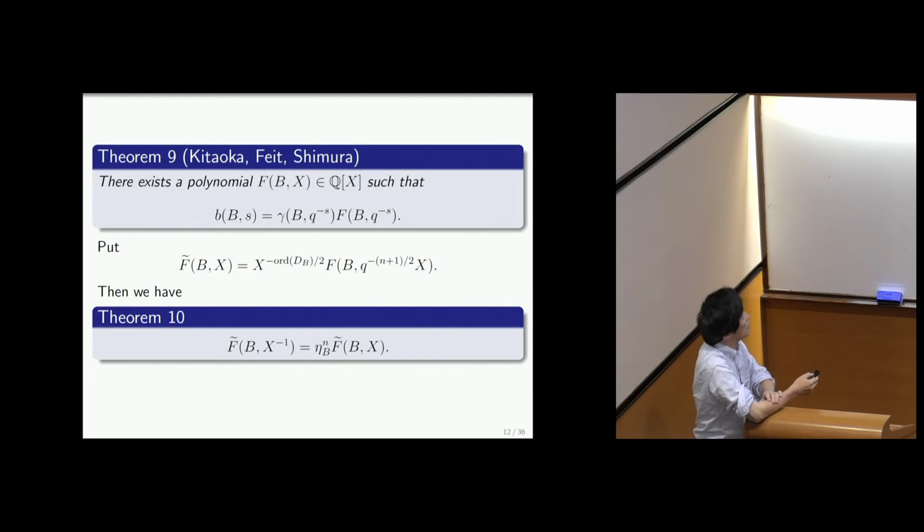And since the Siegel-Eisenstein series has a functional equation, this factor also has a functional equation, which can be described as follows.